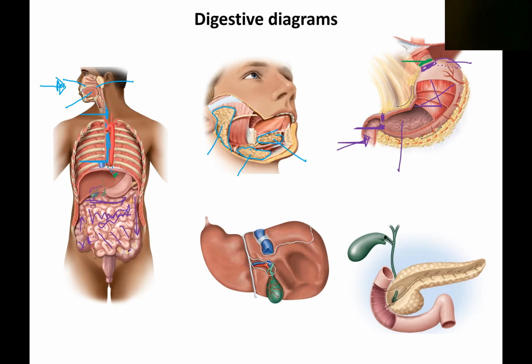And then you have the sigmoid colon, which is going to start here at the first curve, and then the sigmoid colon comes up and makes a U-turn. So you have this curve and you have this curve of the sigmoid colon. Then you have the rectum and the anus.